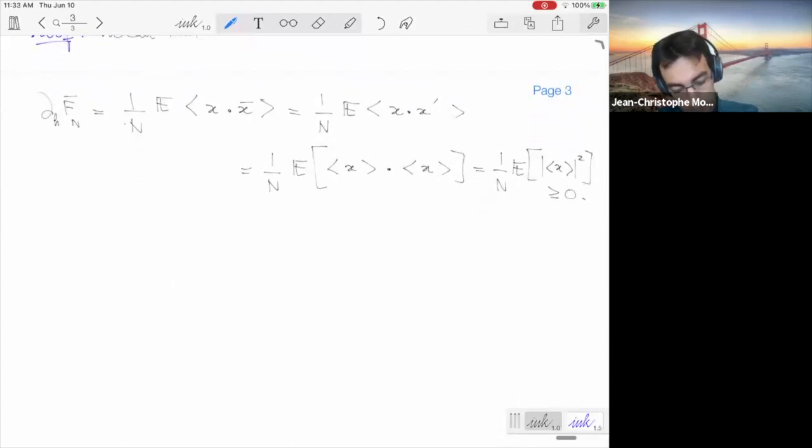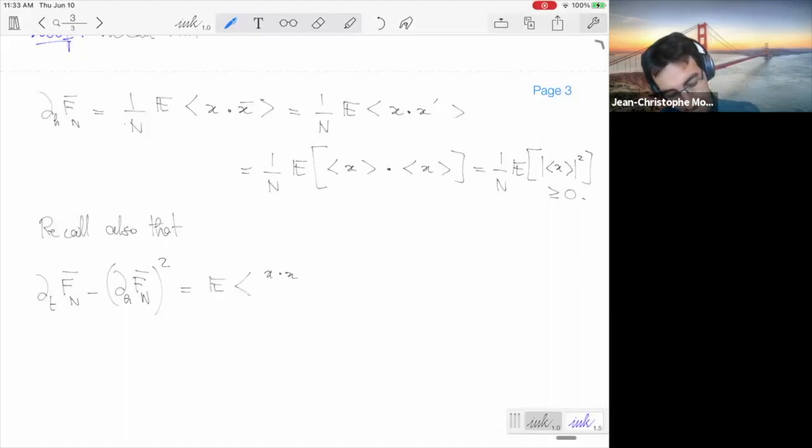So with what we have seen, recall also, this is the variance of that quantity. Okay, so it's a variance, so it's non-negative.